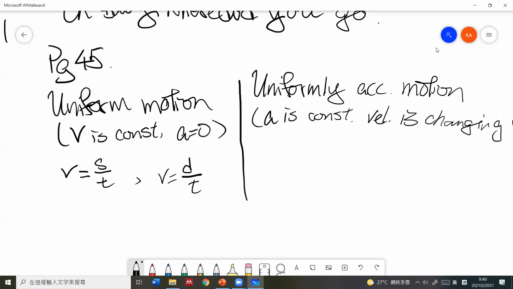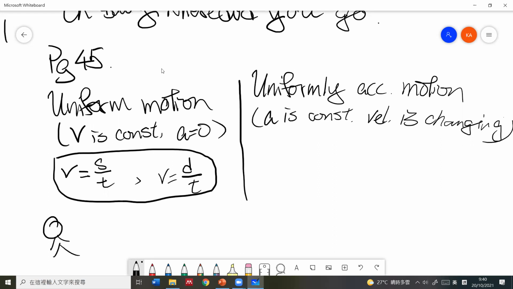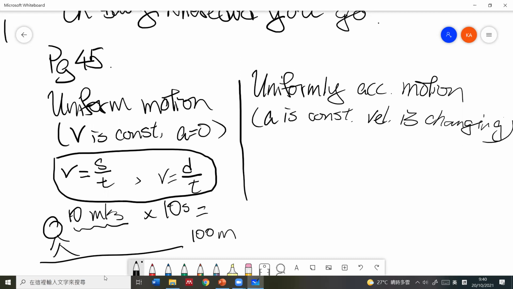Since the velocity is changing, we can't use the equations on the left-hand side to find the displacement or distance. For example, when somebody is running at 10 meters per second, since the velocity doesn't change, we can use velocity times time to find the distance or displacement traveled.